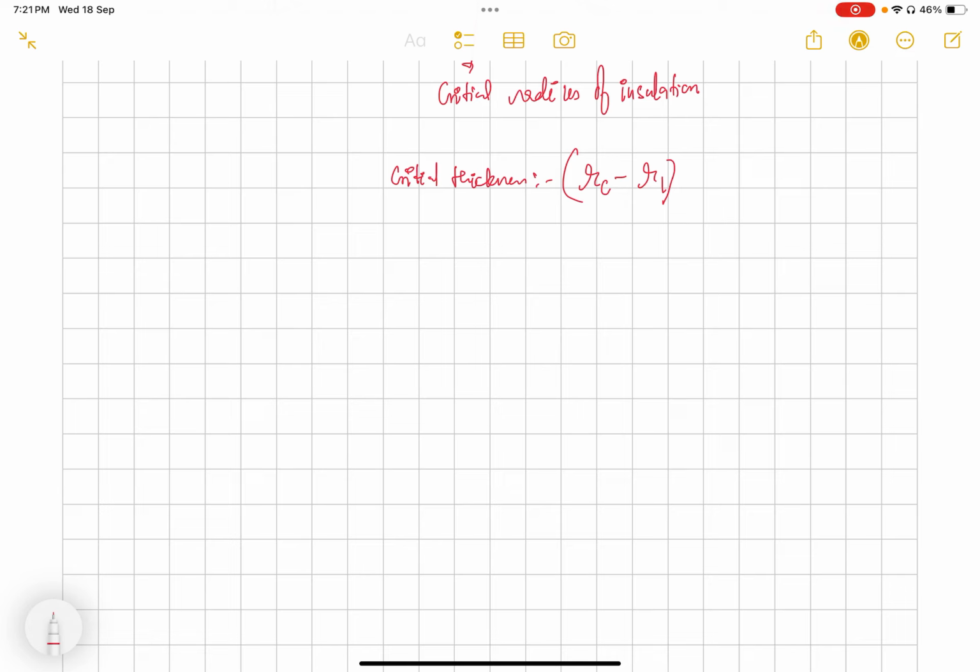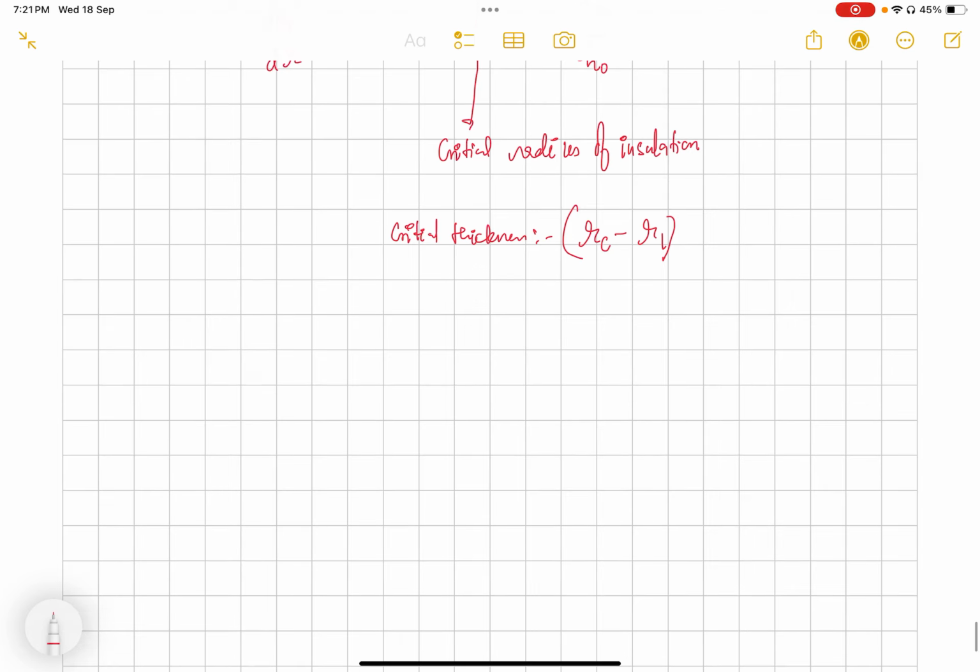And in the case of a steam pipe, the purpose of the insulation is to reduce the heat loss. Therefore, after insulation, heat loss must decrease. So RC, the critical radius, is the radius at which total resistance is minimum. It means heat transfer is maximum, as we have seen.